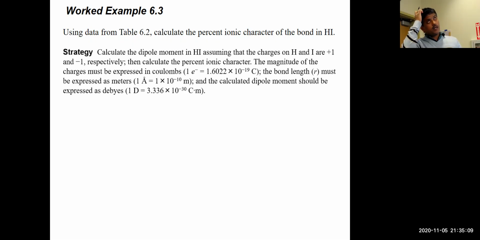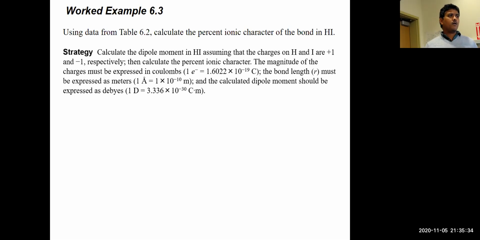An HF bond is made by hydrogen and fluorine, and it has an electronegativity difference of, let's see, fluorine has electronegativity of 2.5 and hydrogen has electronegativity of 2.1. So the difference in electronegativity between them is only 0.4, right? Not much. So it is a non-polar covalent bond.